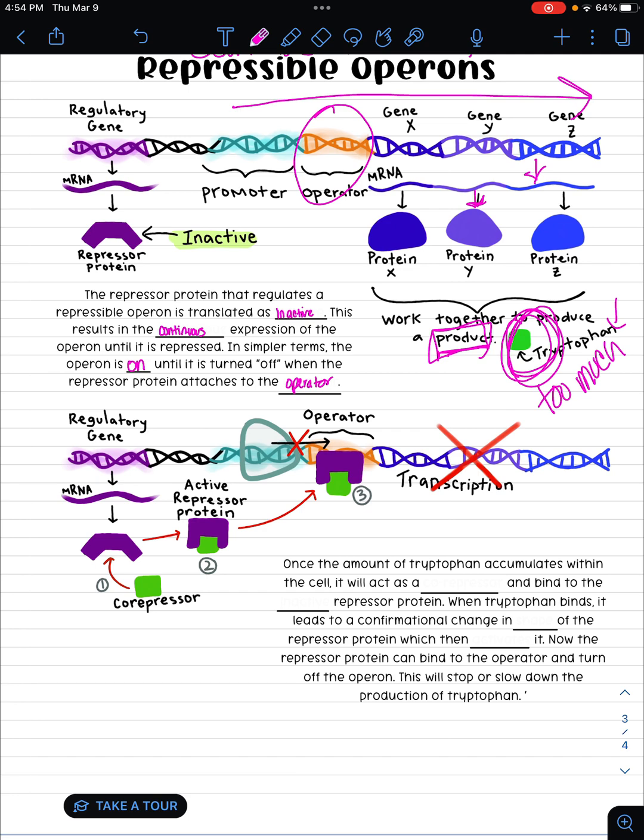So our little 10-inch skillet, or our tryptophan, is going to be a co-repressor. We're going to have to fill in the blanks about it, so that we can make this repressor protein active, and it can go block transcription.